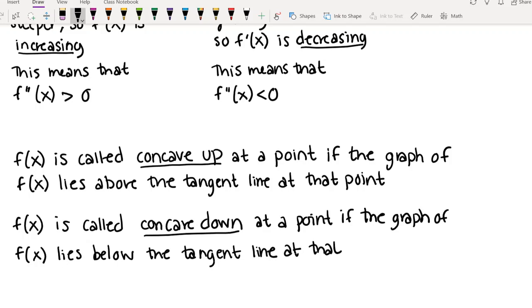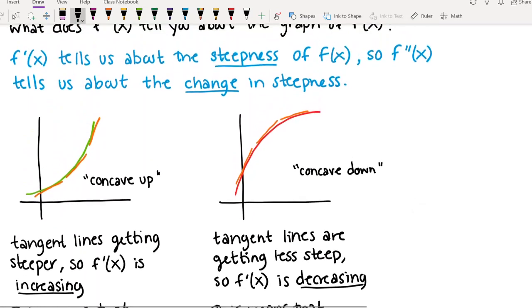So we can see that in our example on the right up here. If we look at where our tangent lines are, the graph is peeling away from them below, right? It always is lying below the tangent line.